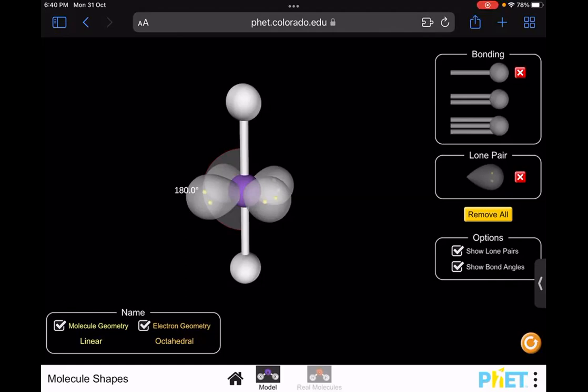Is hybridization clear? In the next class we have only molecular orbital. Tomorrow we will complete this portion. Now we will wind up this class.